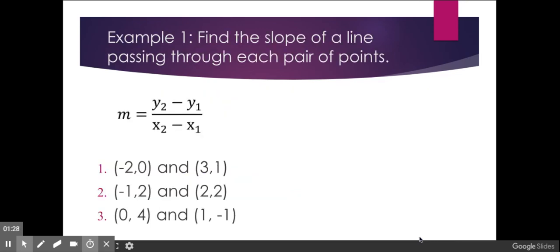So we have an example to find the slope of a line passing through each pair of points. So in order to do this, we're given 2 points and we're given the formula. So we're going to plug into the formula. Keep in mind that it doesn't matter which one is x1 and y1 and which one is x2 and y2, as long as you keep the pairs above and below each other.